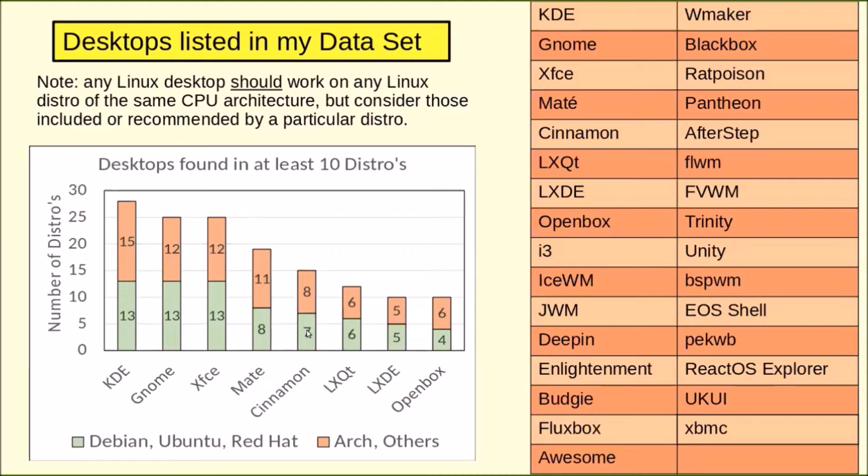Mate and Cinnamon have come along. They have beginners. They're a little bit easier, give you a little more help. They're a little more constricted. And then these are for lighter weight type applications. So these, I think these top 5 here kind of tell the tale for most people.